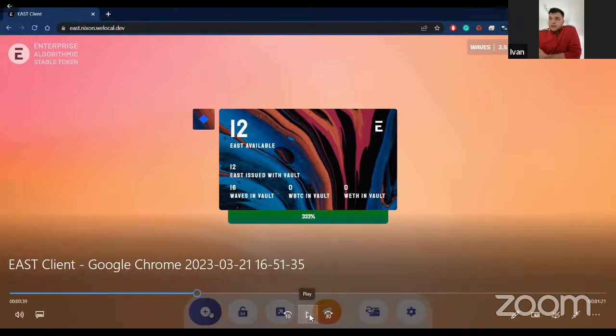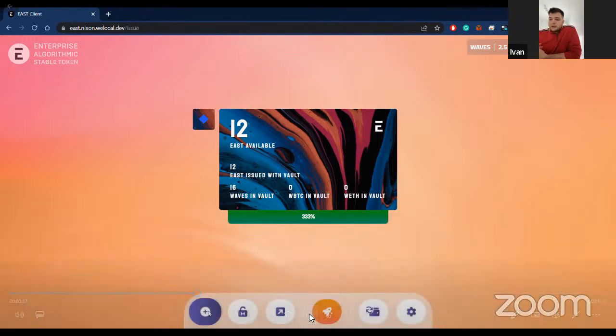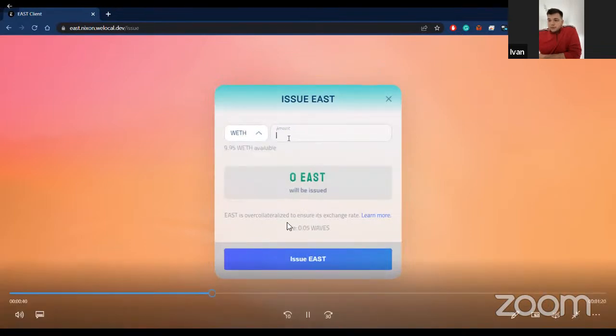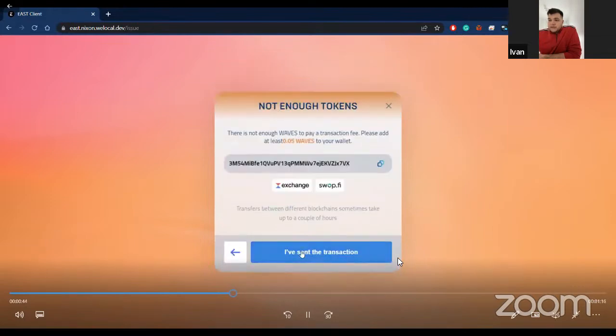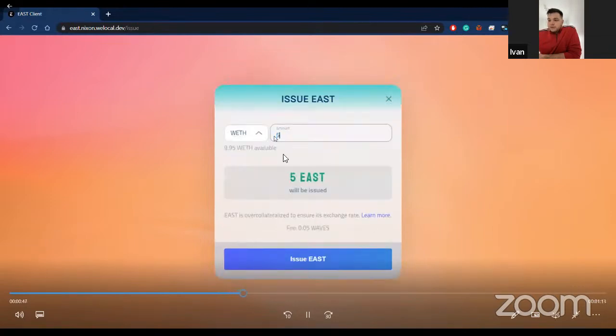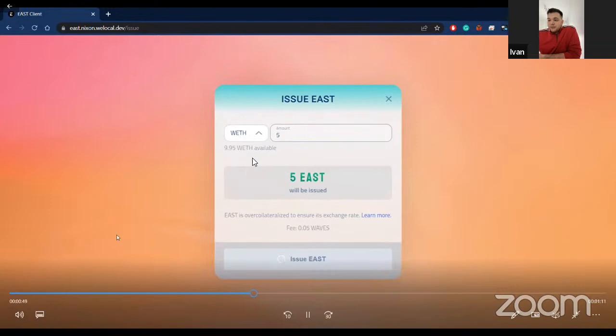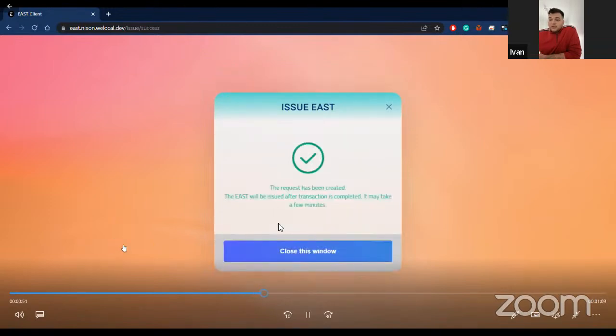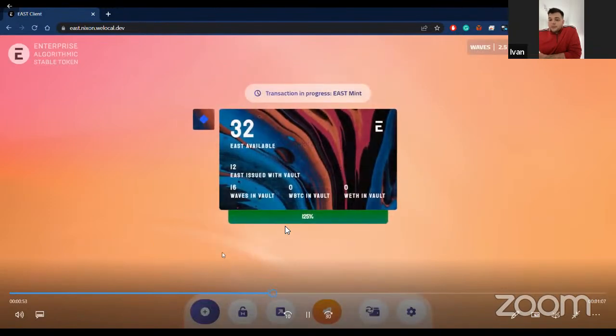So we can issue a new ETH with a new collateral. Let's choose Ethereum, for example. We also enter an amount. We issue new ETH. Yeah, it's a little bit more than we have in the wallet. So we should wait a little.